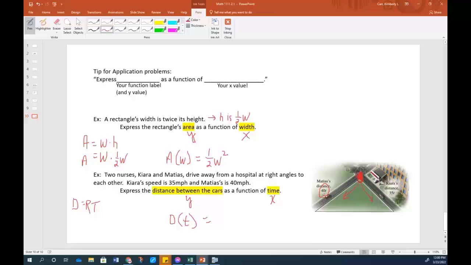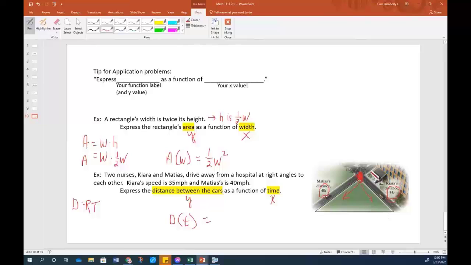That is rate times time. As Kiara travels, it's 35t, because that's her rate times time. So how do we get this? Well, that is a right angle, which means this is equal to the distance, okay?